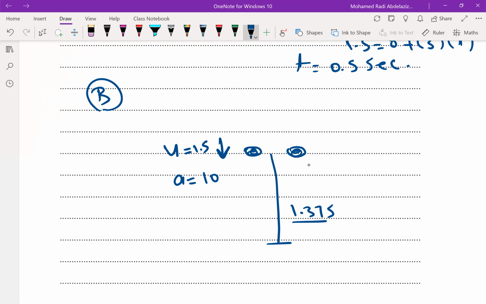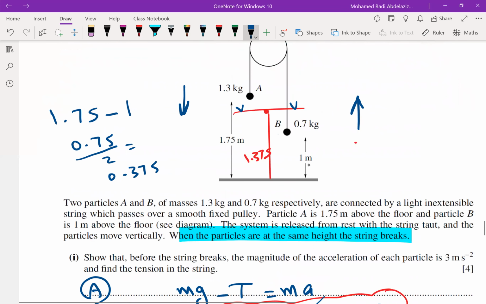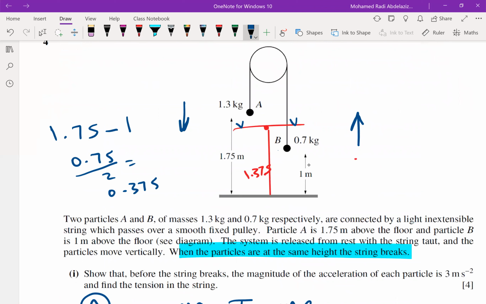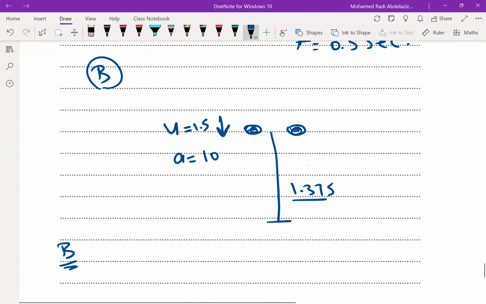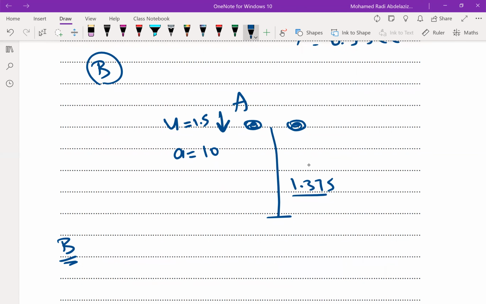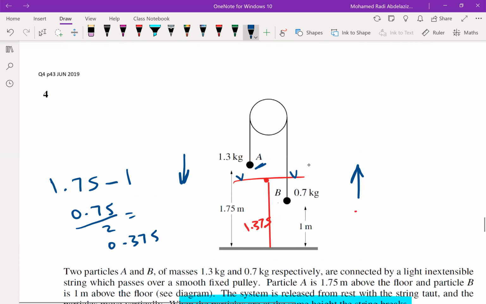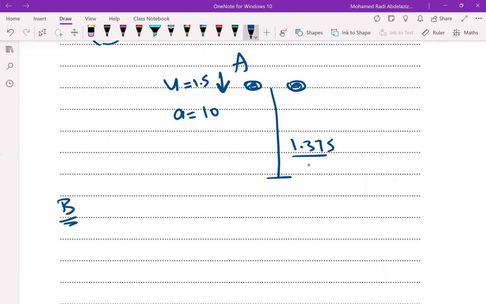I'm talking about particle A. Particle A continues to move to the ground. For particle A, I will now try to find the time taken to reach the ground.